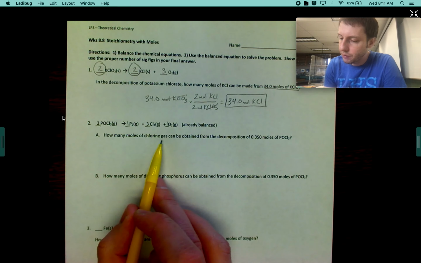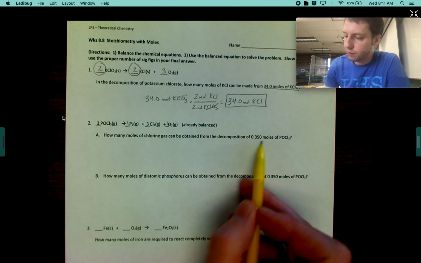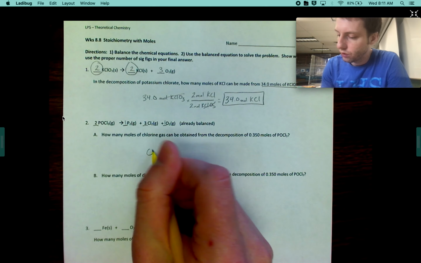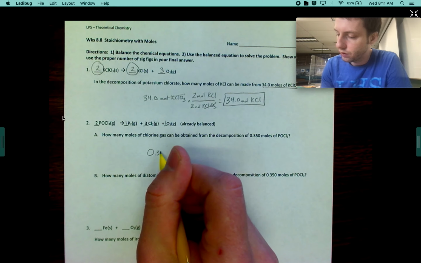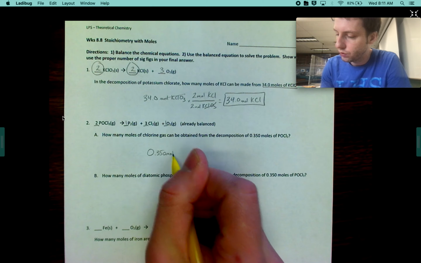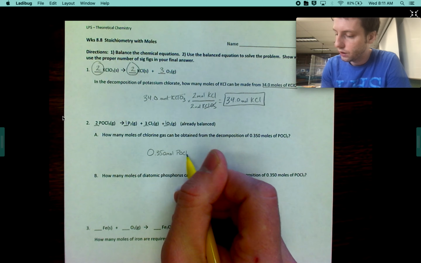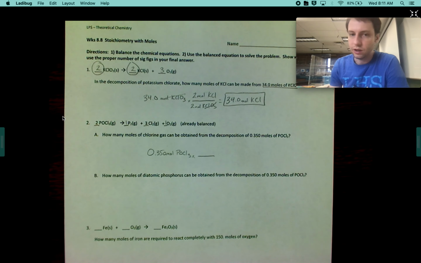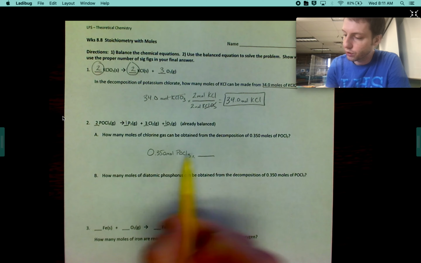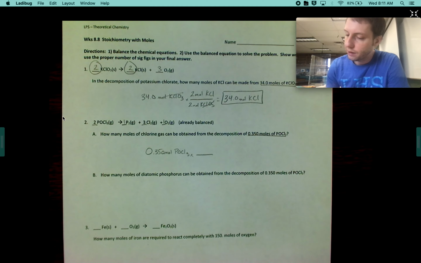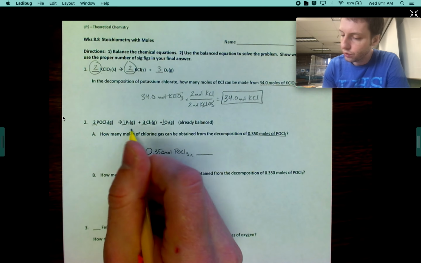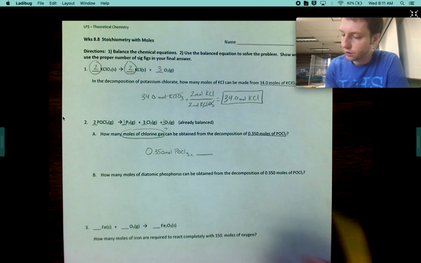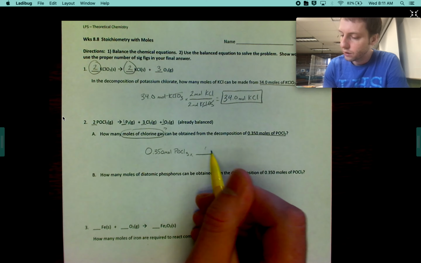All right, how many moles of chlorine gas can be obtained from the decomposition of 0.350 moles POCl3? Okay, just like before, we're going to start with what we're given in the problem, and I am trying to find moles of chlorine gas. That's my question. So that's my end goal here.